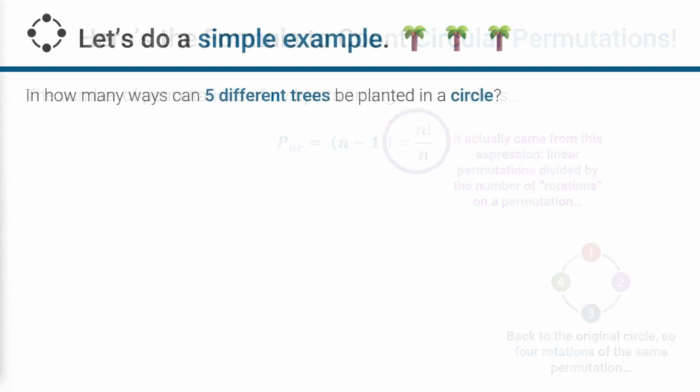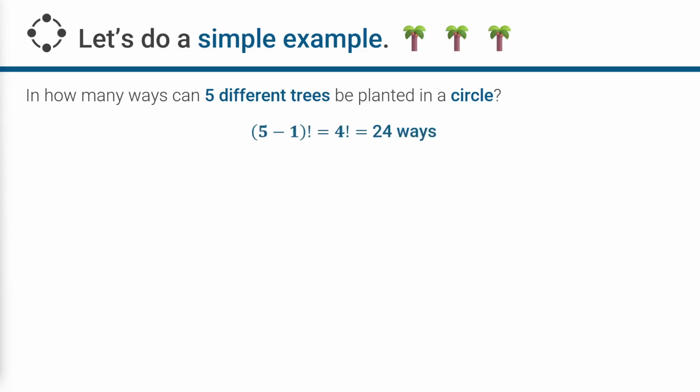Next, let's have an example. In how many ways can 5 different trees be planted in a circle? It was given as 5 minus 1 factorial, or 4 factorial. So let's have a drawing of 5 different trees. We have tree 1, 2, 3, 4, 5. Again, we have 5 minus 1 factorial.